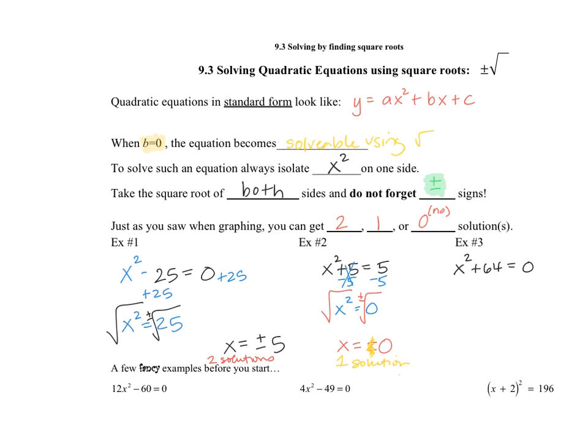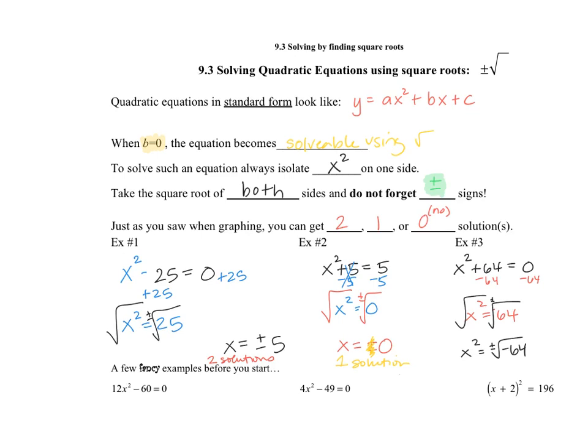So we're going to prove it by showing we can't actually get an answer. We're going to subtract 64 from both sides, and we're going to get x squared equals negative 64. And when we go to take this square root, plus or minus outside, you're going to get x equals the square root of negative 64.